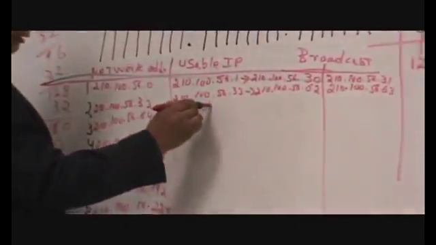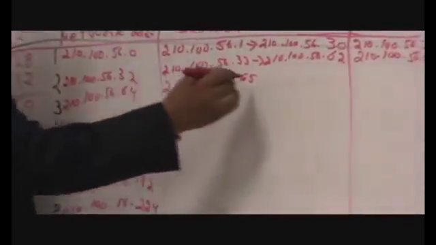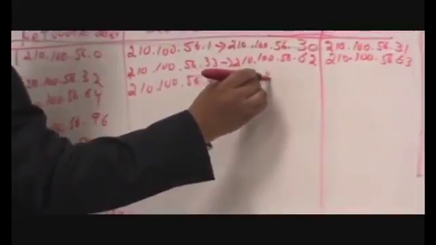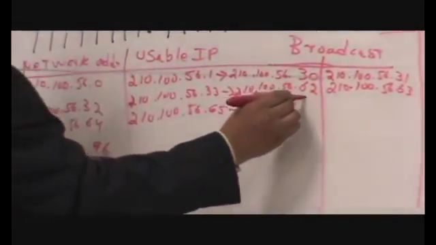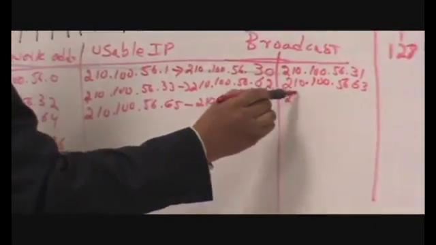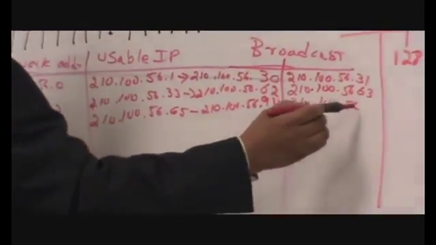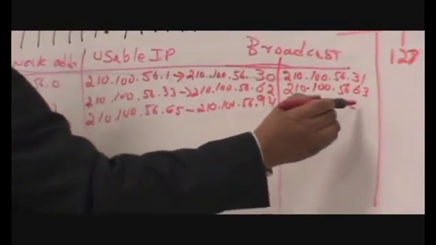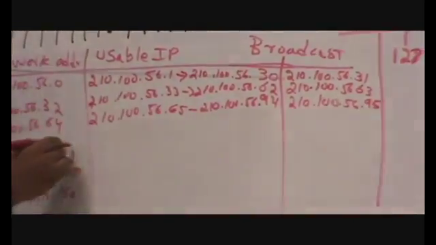So 210.100.56.65 will be my first usable address in this network. 210.100.56.94 will be my last usable address here, and my broadcast will be 210.100.56.95.